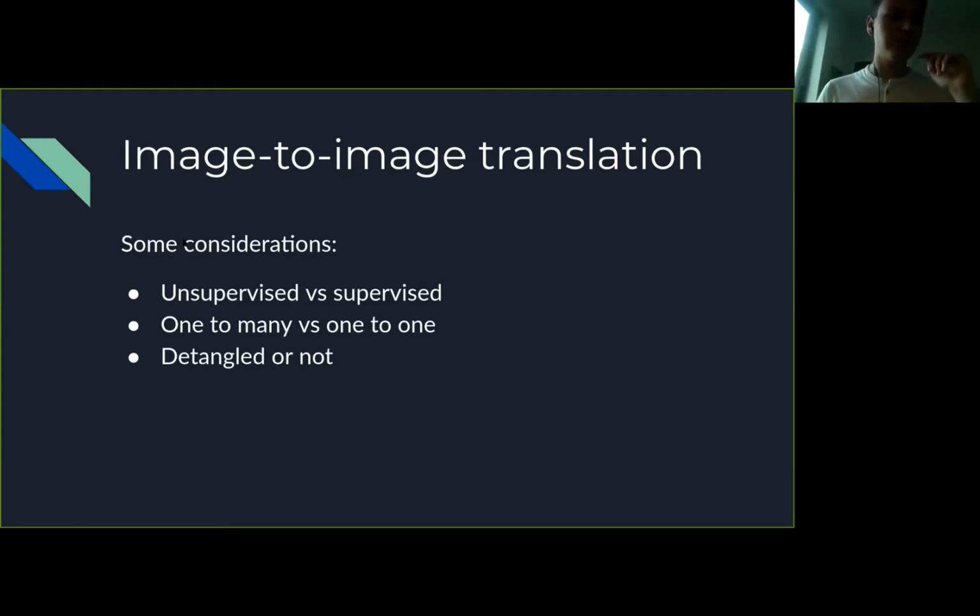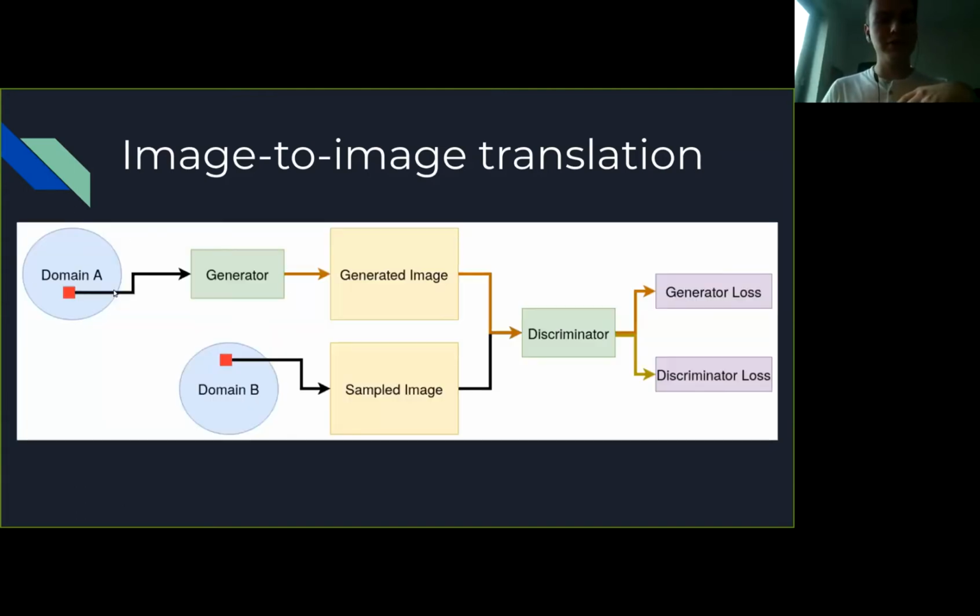The first is unsupervised versus supervised, meaning that to solve the previously mentioned problem about the mode collapse, you could just pair images from domain A and domain B and add an additional loss in the approximation of that domain B image, which is very labor intensive.